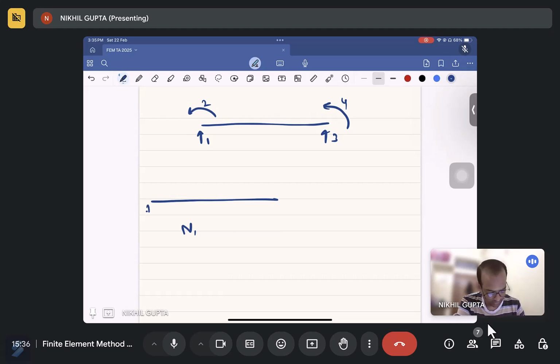This is node number 1, this is node number 3, node number 2 only, or no, node number 3. Can anyone tell me the properties which shape functions have? Okay, tell me what will be the value of n1 at node 1?